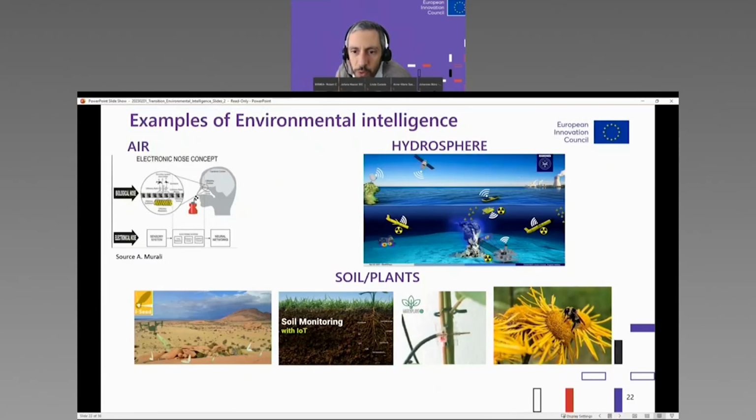The other way around, inside the hydrosphere, we see an example on the sea: how to get data, in this case of radioactive sources, and to monitor the health of the oceans, via combining ROVs, remote operated vehicles underwater, managed or eventually self-powering, or connecting other sources of data coming from satellites. Last but not least, if we look inside the soil, we can see different kinds of environmental intelligence examples. On one side, we can see insects.